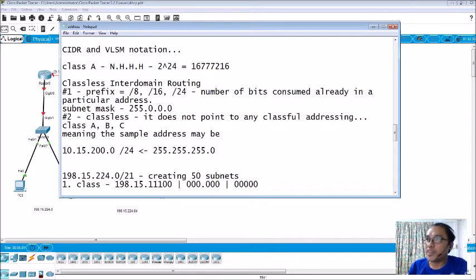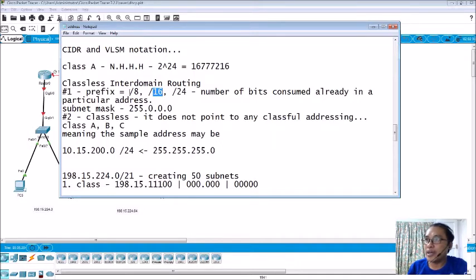Each prefix is also a subnet mask of that particular address. For example, /8 is 255.0.0.0, /16 is 255.255.0.0, and /24 would be 255.255.255.0.